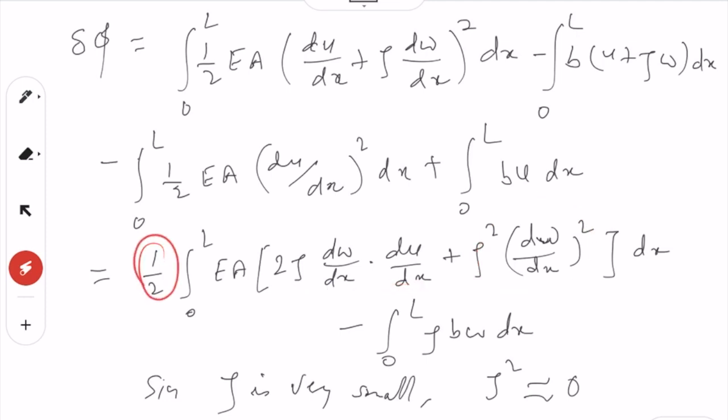Half times 2 zeta becomes zeta only, and then the E A term, and from here also zeta is common.